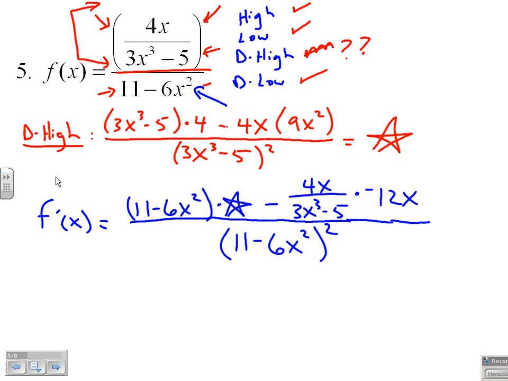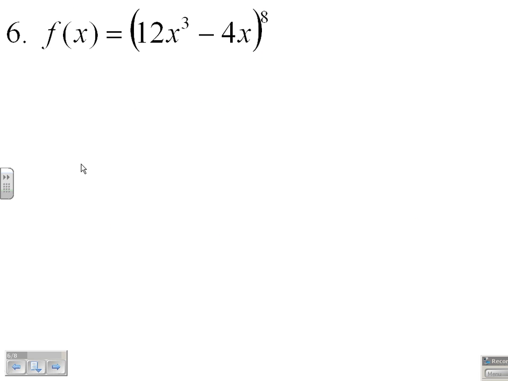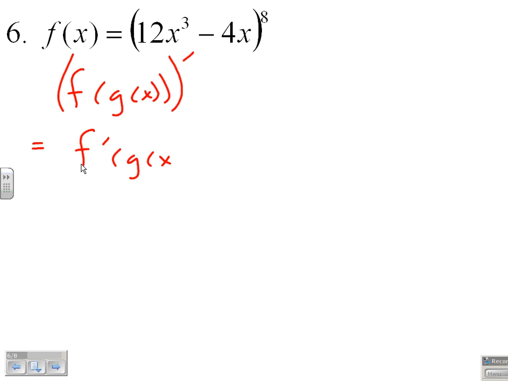Okay, we will now take a look at number 6. All right, here we move into chain rule. So the chain rule states that if we have a function inside a function, and we are trying to find its derivative, a function embedded in another function of x, or we could decompose the functions, then we should end up with f prime of g of x times g prime of x.